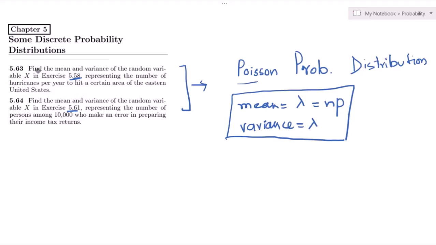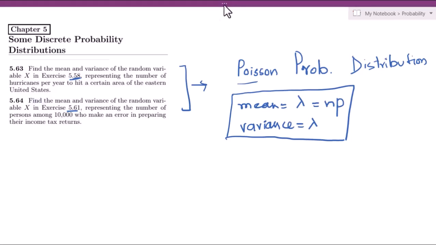Let us proceed to question 5.63, and the statement of this is find the mean and variance of the random variable x in exercise 5.58 representing the number of hurricanes per year to hit a certain area of the eastern United States.